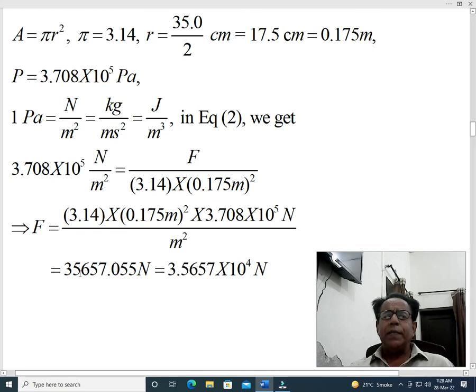No. If we convert it into 35, then it will become 3. If we convert it into 356.57, then it will become 2. If we convert it as 3565.7055, then it will be 10 raised to the power 1. And if we write it in this form, then it will not be multiplied with 10. So our answer has become force equal to 3.5657 into 10 raised to the power 4 Newton.